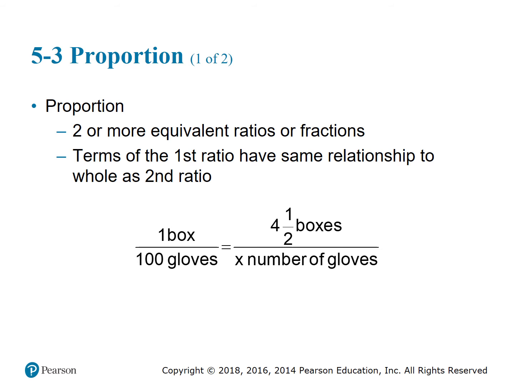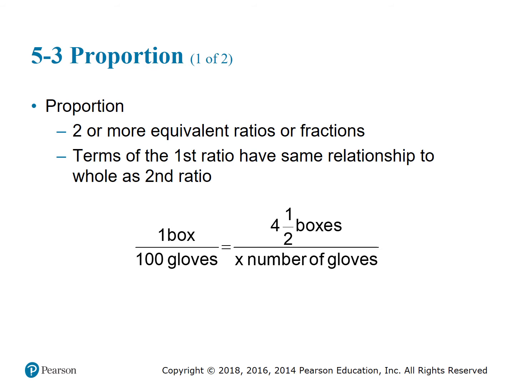So let's look at an example. If we have one box of gloves, and there are 100 gloves per box, then how many gloves are in 4.5 boxes? This is how we set this up. Now, here's a little tip. Notice how the terms for each category are across from each other.